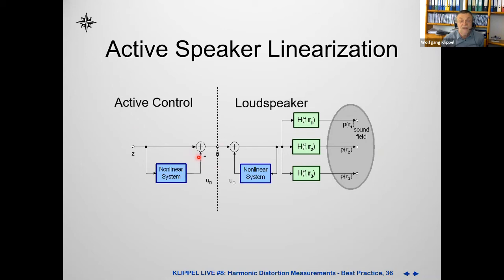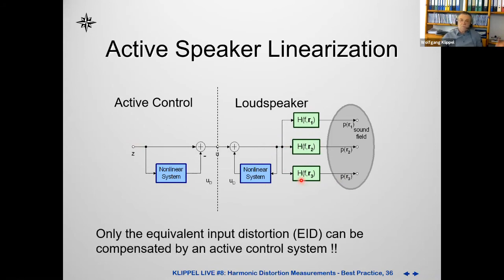So we have to synthesize the same equivalent input distortion, but instead of adding them, we are subtracting them from the input. And this signal cancels that. We have a linear input, the distortions are gone, and we get only the linear shaping from the linear system.